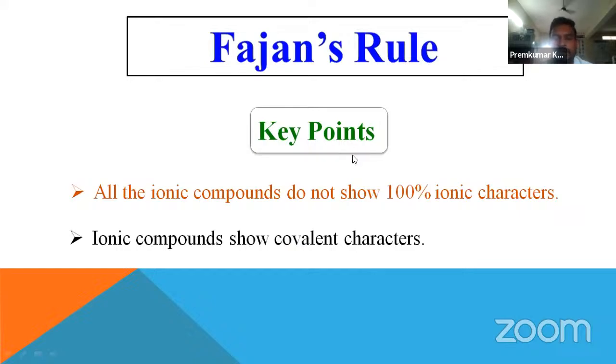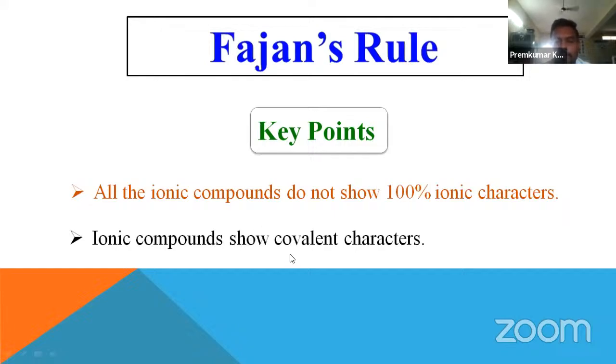I have taken this topic, Fajans' rule, so that I will explain it to my students thoroughly, step by step. Some key points I have added here, like all ionic compounds do not show 100% ionic character. For this question, the students will finally get the answer clearly.